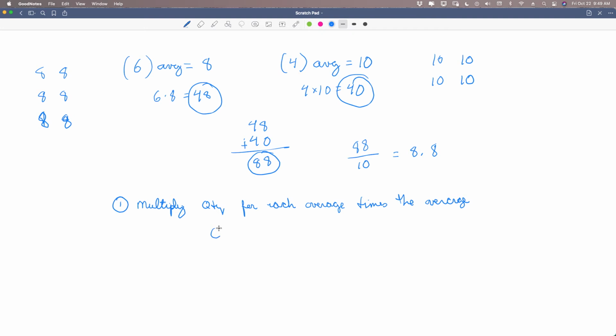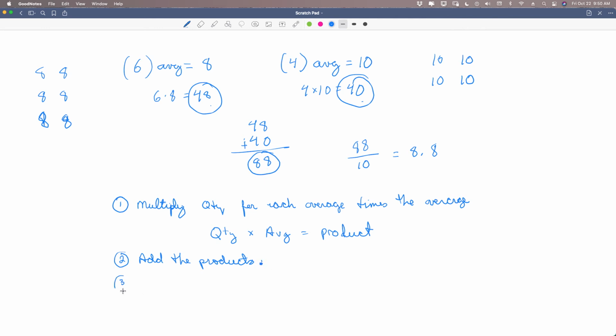All right, so that's quantity times average for however many averages you have. Then we add the products. So we're going to say whatever this product is, we're going to add that to all the other products. So we added the product of 48 and the product of 40 together, and got 88. So we added the products.